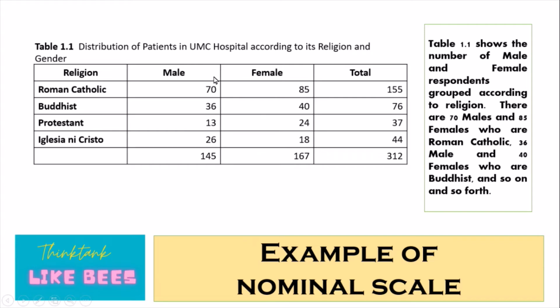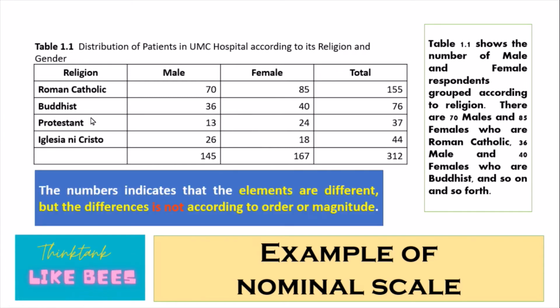Here it says that there are 70 males and 85 females who are Roman Catholic. There are 36 males and 40 females who are Buddhist, and so on and so forth. The number indicates that the elements are different, but the difference is not according to order or magnitude. That's why it's called nominal scale.